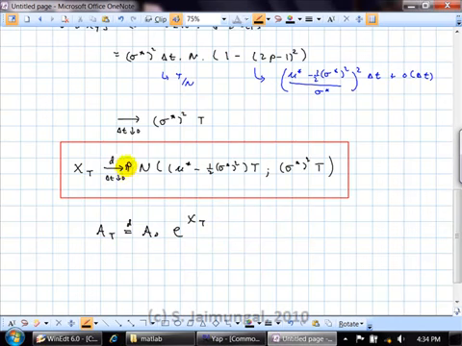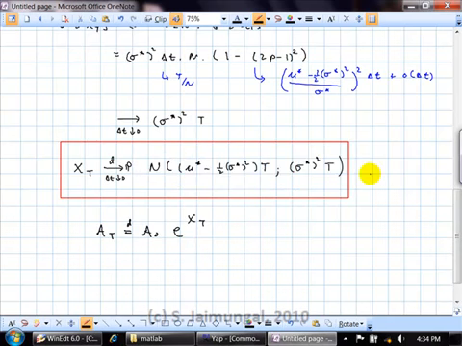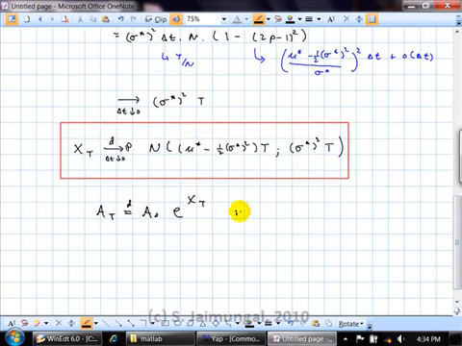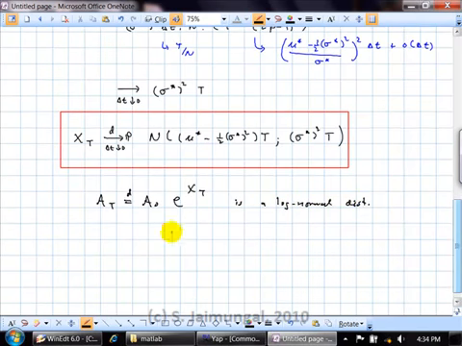I'll just put it there, sort of at the end of the arrow. Okay, this is a log normal distributed random variable. You could write this in terms of a standard normal. Sometimes people write it like this.